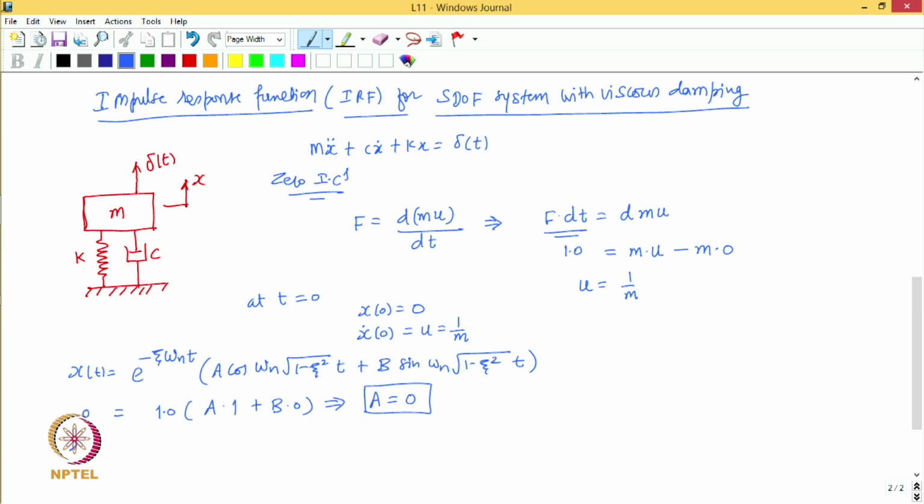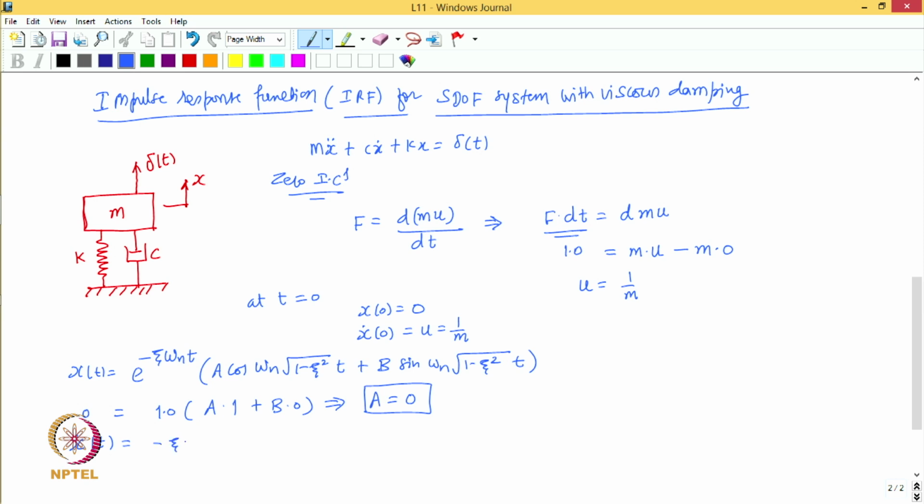let us determine the velocity. So, we need to differentiate this x of t. And of course, we can substitute a is equal to 0 here. So, the first term disappears, and then we apply the formula of differentiation of product of two functions.